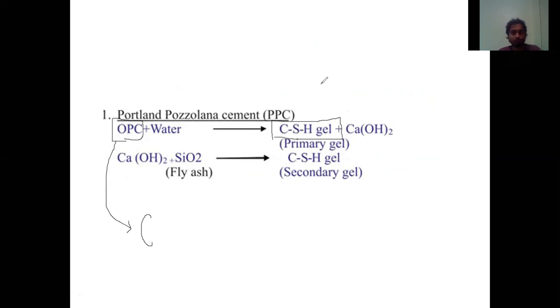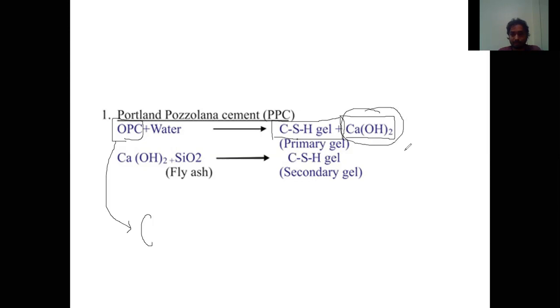All of this reaction you have already learned in BMCT as well. This is the primary gel we get, and with this we also get calcium hydroxide. Because of this calcium hydroxide, the pH is high, nearly 12 to 13.